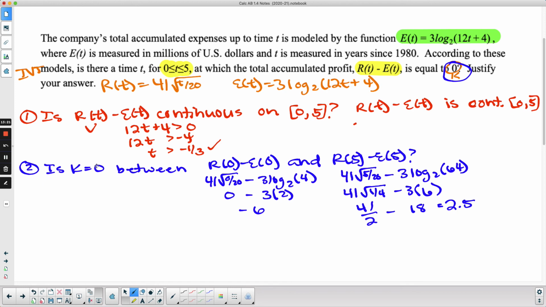All right, so is 0 between negative 6 and 2.5? Yes. So R of 0 minus E of 0 is less than 0 because it's negative 6.